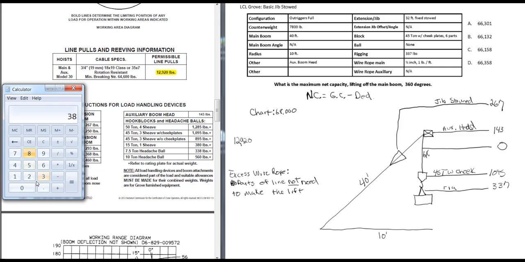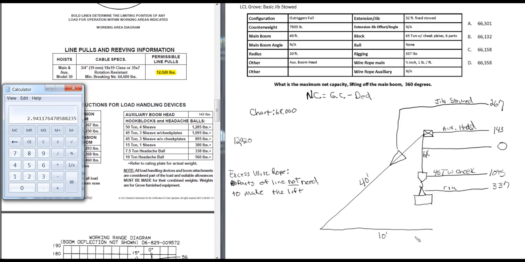We would divide 38,000 by 12,920, and we would need 2.9 or 3 parts of line to lift up to that capacity. So if we need 3 and we've got 6, we would deduct 3 parts of line tip to ground.